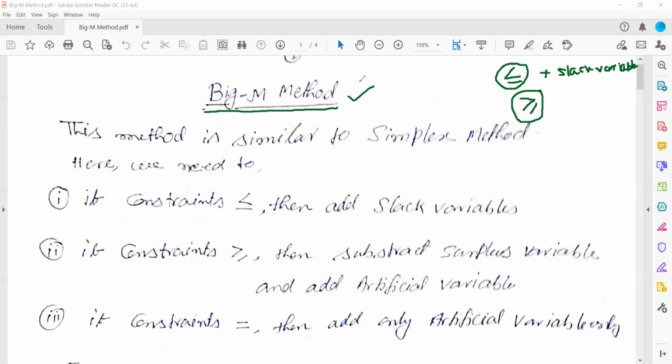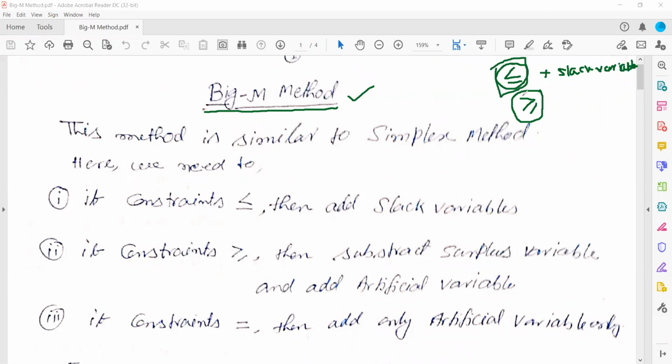Is that clear? By seeing the constraints, you will be able to identify by which method you will solve it. If all the constraints are less than or equal to, then that problem can be solved by the simplex method.